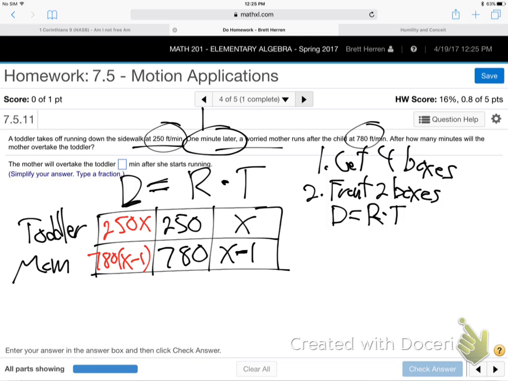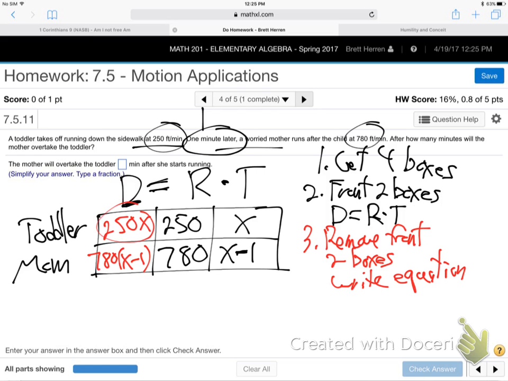And then step 3 is always remove the front 2 boxes and write some kind of equation. Are there any other numbers I haven't used? You always want to ask yourself that. No, I've got them all.